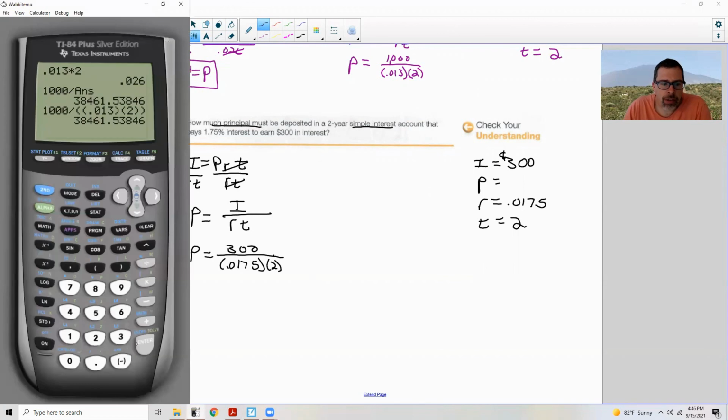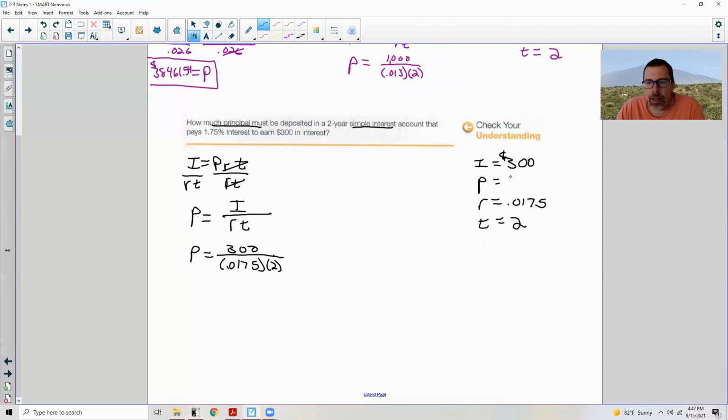Okay, get my calculator. 300 divided by parentheses 0.0175 times 2. Enter, and I get $8,571.43. We're going to round to the penny. It didn't say, but we should round to the penny because it's money. 8,571.43. And this was the answer we were looking for.